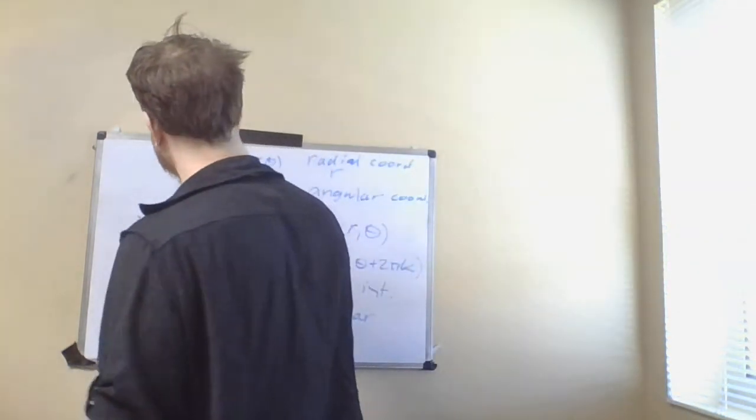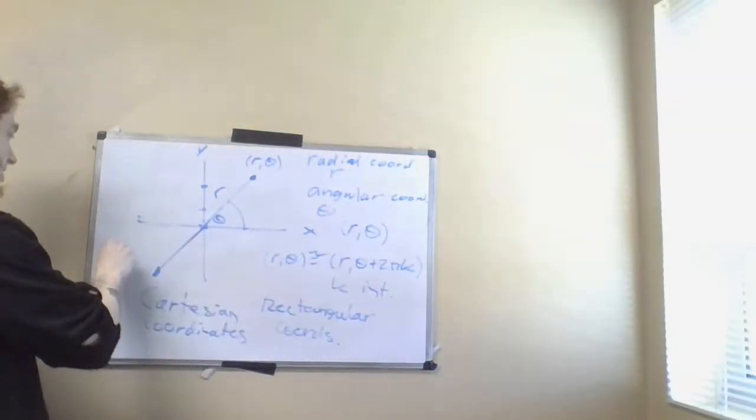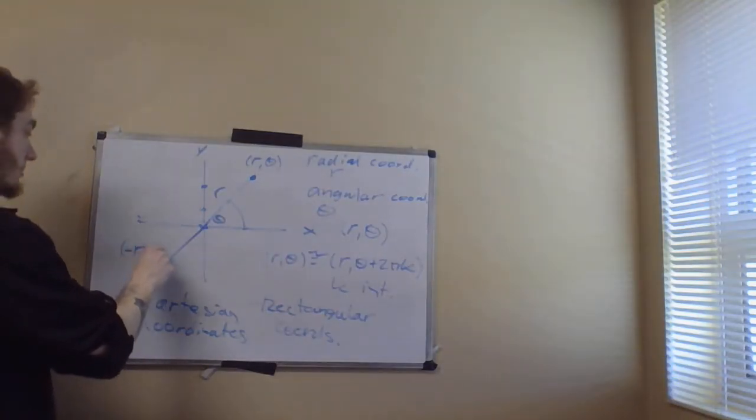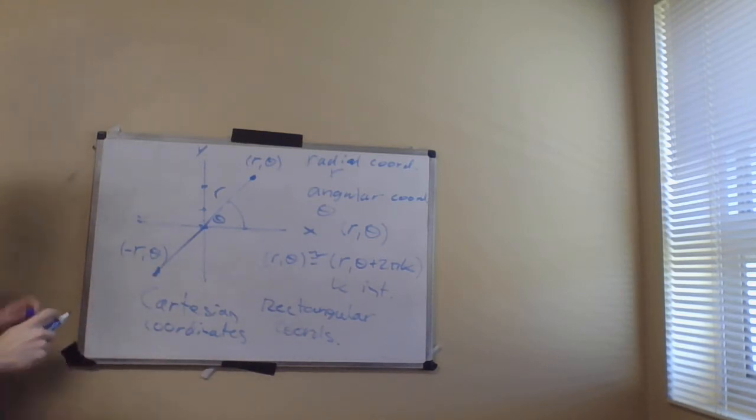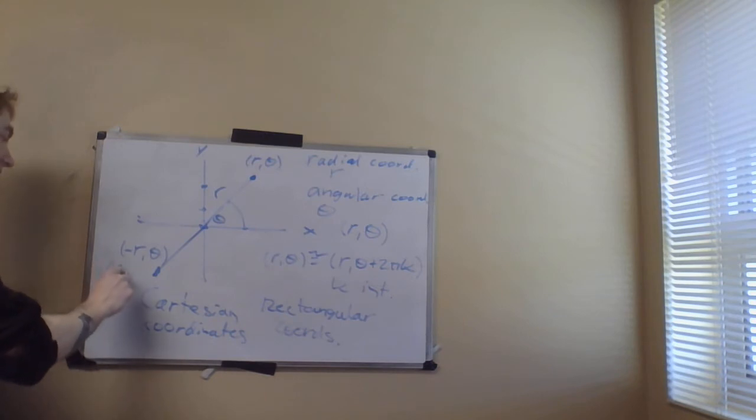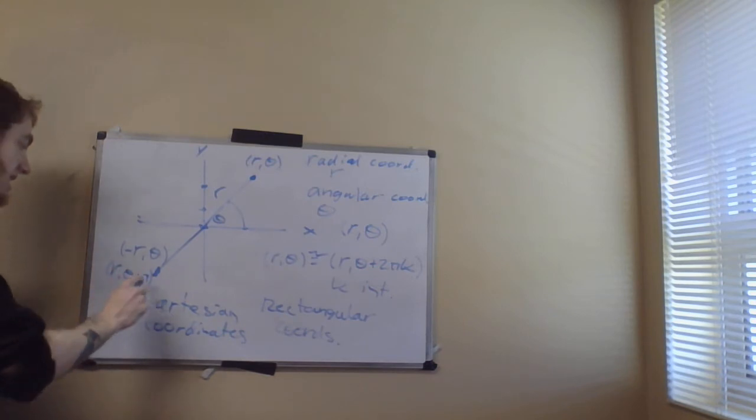So you go the same distance, but the opposite direction. So this point down here would be the point minus r comma theta. However, that is the same as r comma theta plus pi.